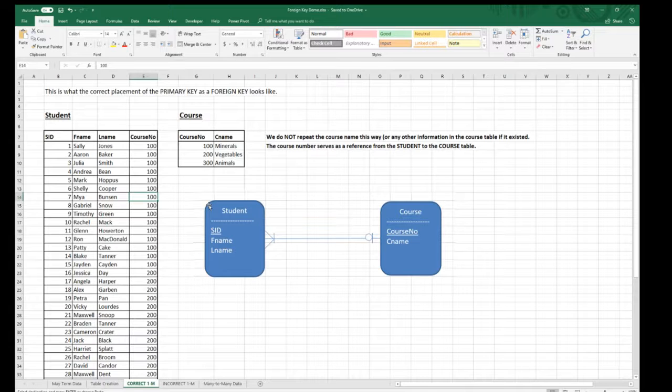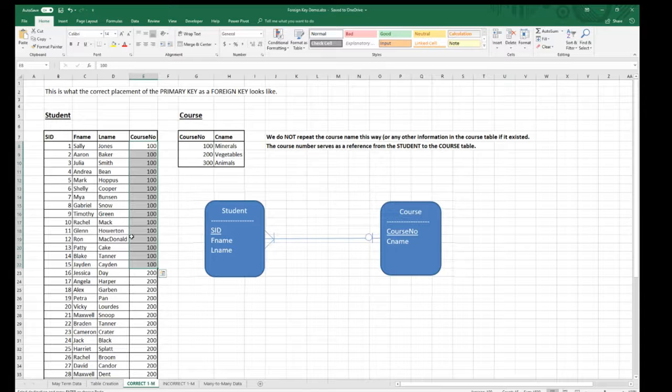So I see that I have the course number 100 quite a few times, but it's only repeated information if the record itself, in other words, the entire row, is repeated. So as long as the entire record is unique, then we don't actually have any redundancy. All this is representing is the fact that all 15 of these students are enrolled in this course. And it looks quite nice and neat.